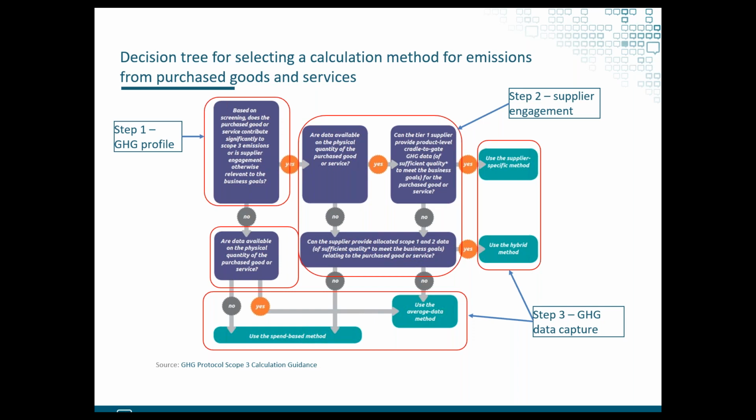So the supplier engagement program that we've run then directly feeds into the decision-making tree outlined by the GHG protocol. So we've shown that here for determining the appropriate calculation method. And I've just overlaid, very simply, the first 3 steps of the client case study, from profiling the supply chain GHG emissions, to engaging suppliers on the availability and state of data, to the targeted capturing of appropriate data to inform the best calculation methods.